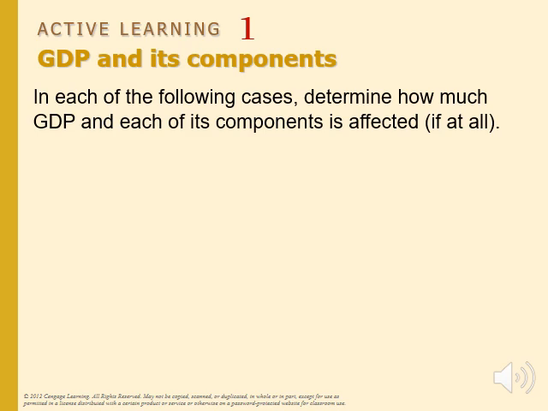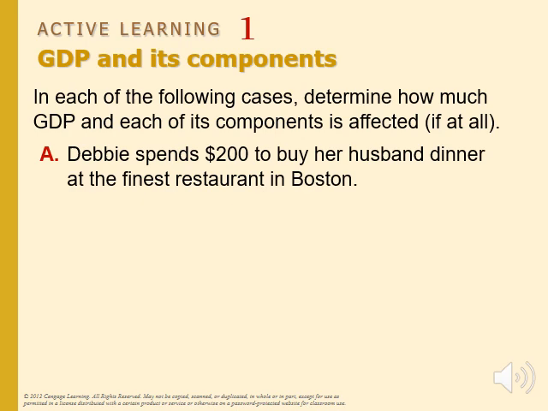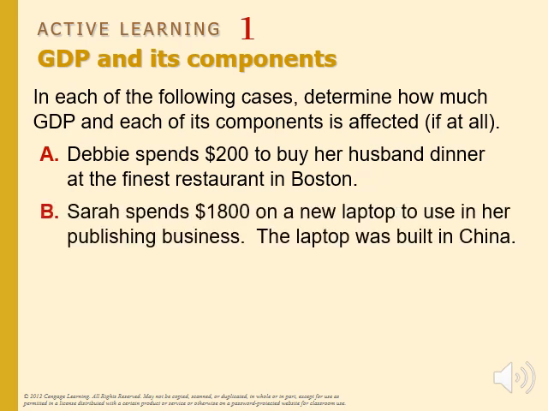Let's get started. Debbie spends $200 to buy her husband dinner at the finest restaurant in Boston. Sarah spends $1,800 on a new laptop that she's going to be using in her publishing business. Keep in mind, the laptop was built in China. Jane spends $1,200 on a computer to use in her editing business.